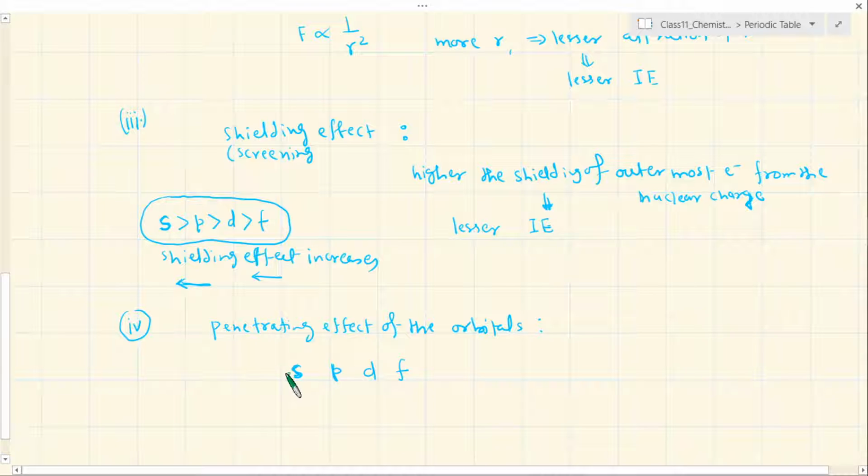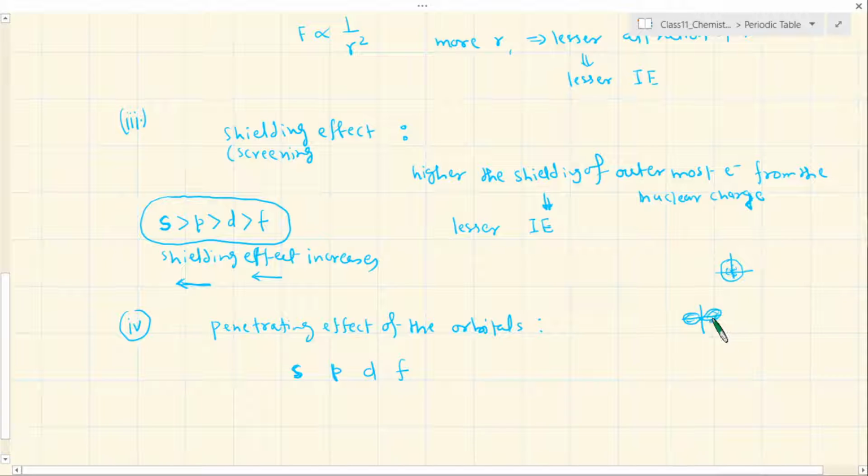It moves away from the nucleus. P orbital, if you remember the structure of p orbital, it moves away from the nucleus. If this is the nucleus, it moves away from the nucleus. So your electron density is more in the outer zone, but in s orbital, if you remember, most electron density was around the nucleus.